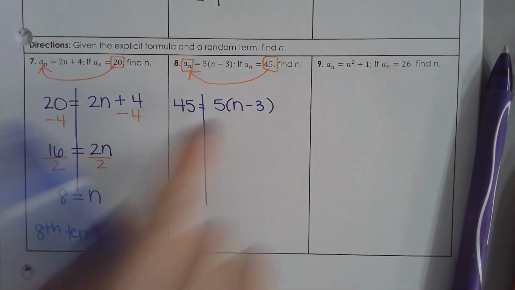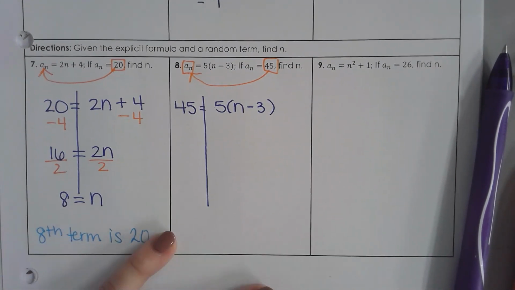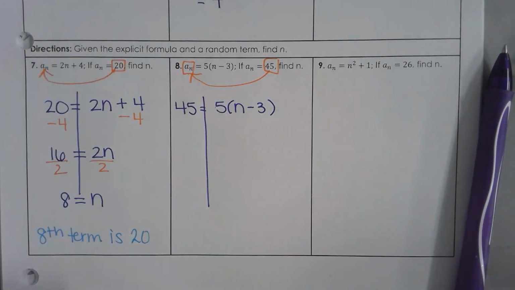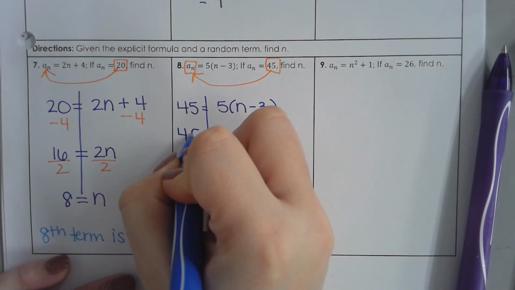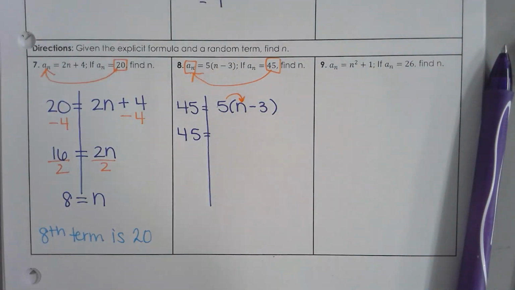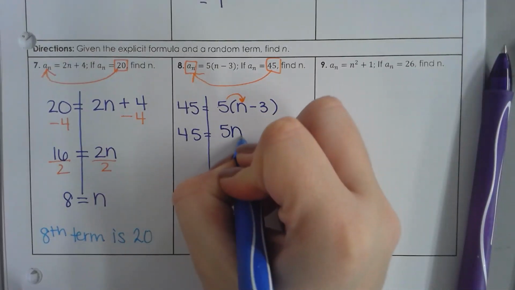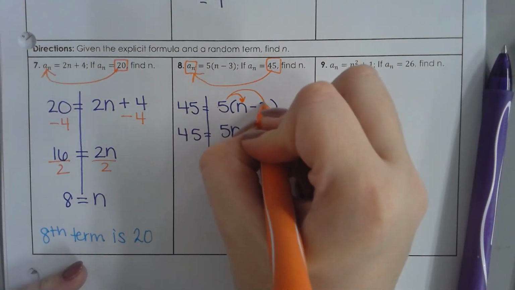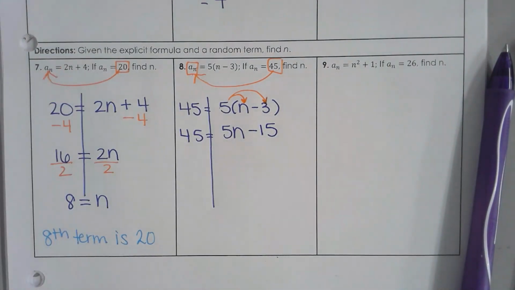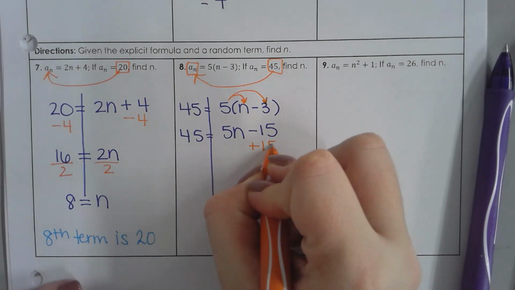So if you're solving this, what is your first step? Distribute. Okay, so nothing happens to the 45. 5 times n, 5n. 5 times negative 3, negative 15. Then I'm going to add 15 to both sides.